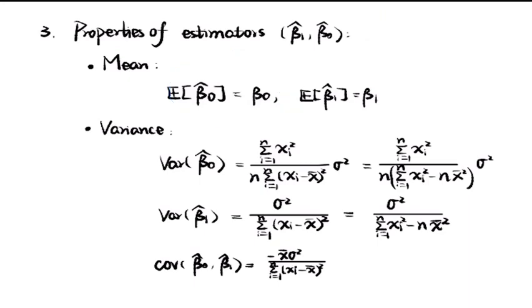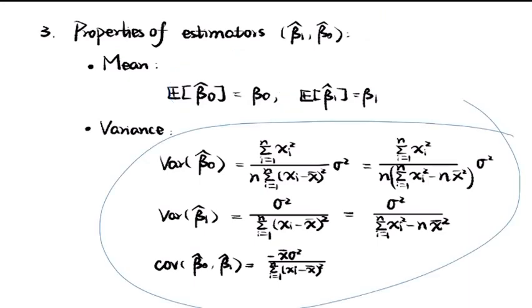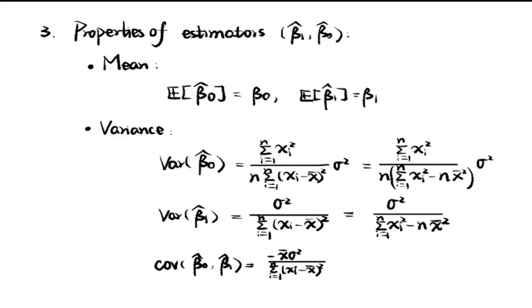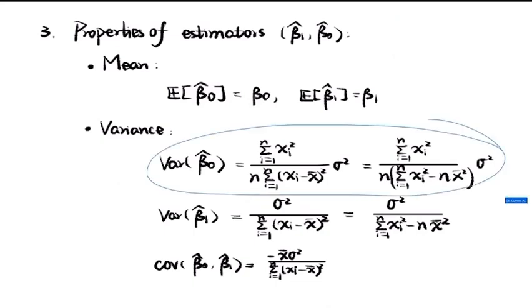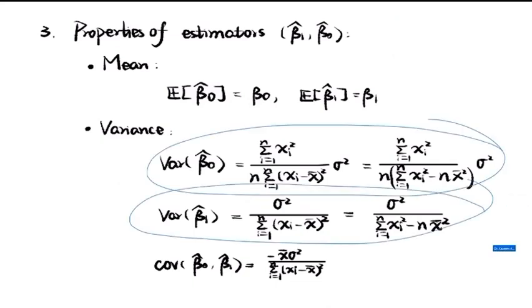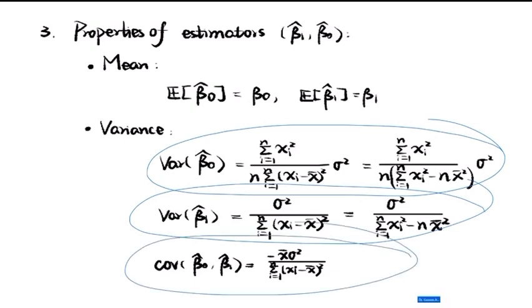And we also want to show the variances, because when you have an estimator, how will you investigate for efficiency? How will you know whether the estimator is consistent? Of course, we need the variance. And as you can see, the variance of beta 0 cap is derived to be this. The variance of beta 1 cap is derived to be that, and the covariance is derived to be that.